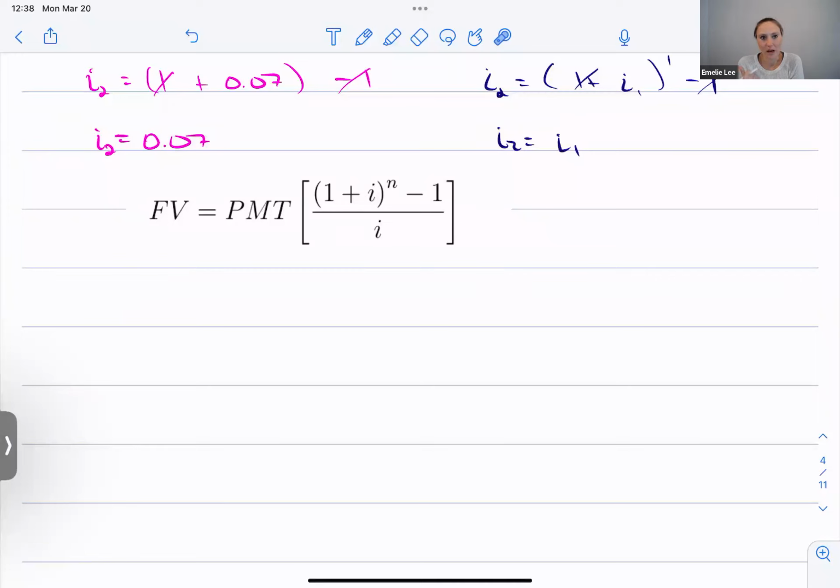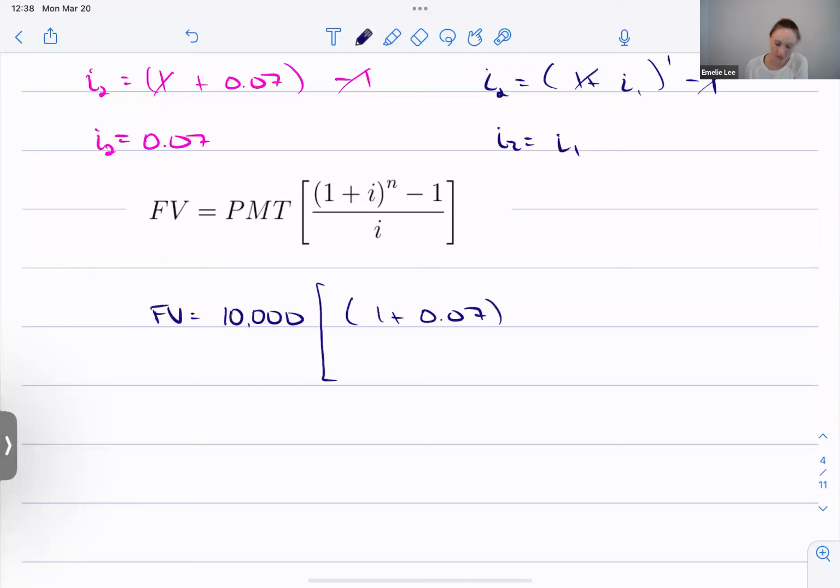Making sure that I is I2 and N is the number of payments. The future value is the payment amount, 10,000, big square brackets, times 1 plus I2, which is 0.07, to the power of N, which is the number of payments, 25, minus 1, divided by I, which is I2, which is 0.07.